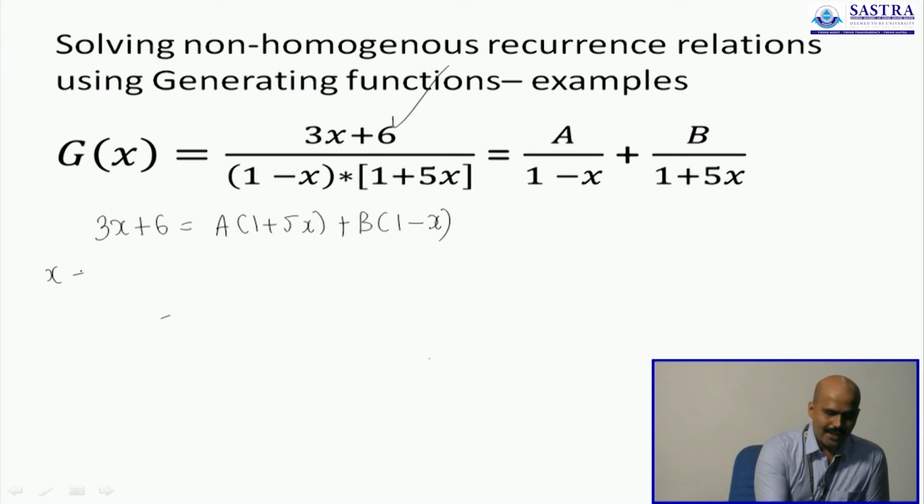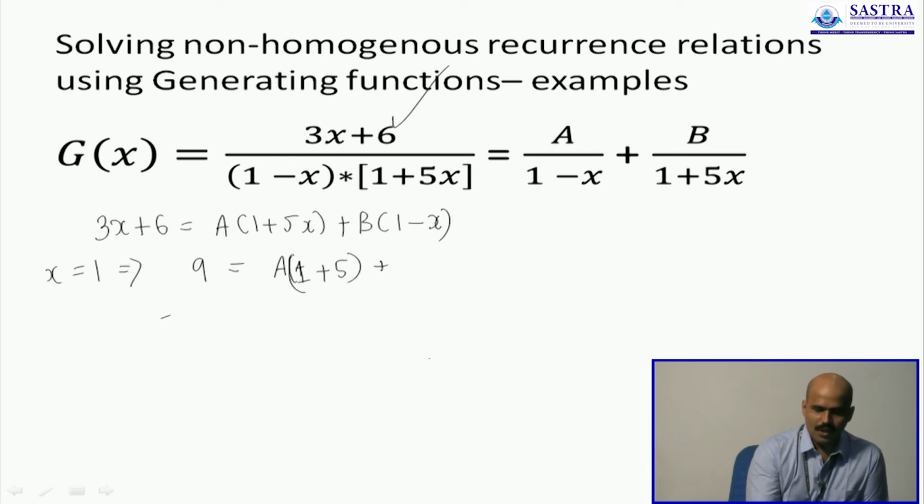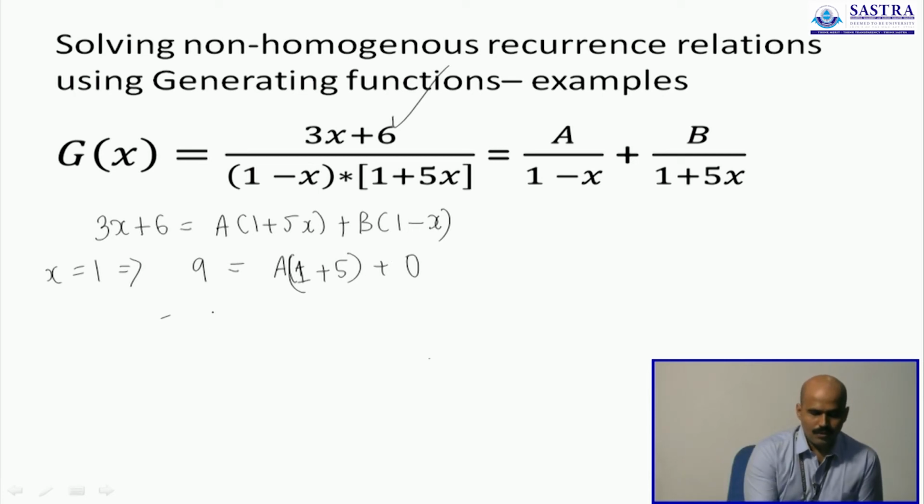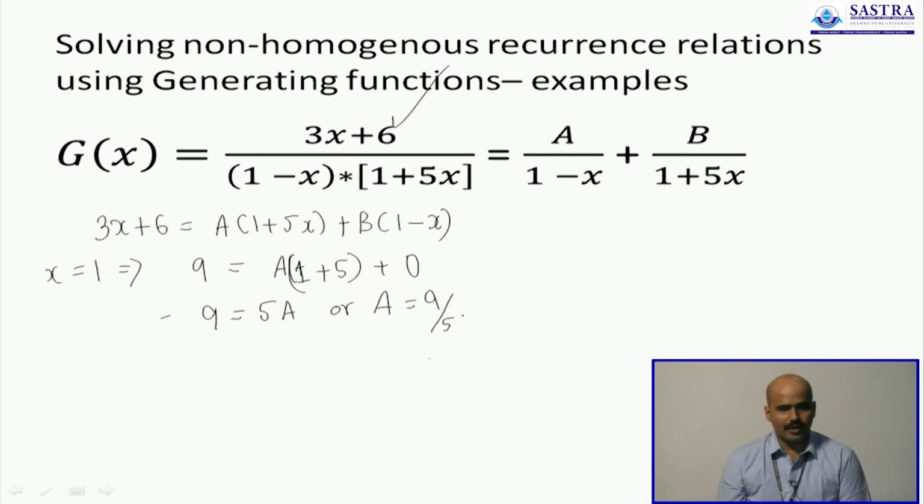I'll just use x as 1. Now if x is 1, I'll have 3 times 1 plus 6, that's 9, equaling a times 1 plus 5, because x is just 1, and b vanishes because I have b times 1 minus 1. So 9 is 6a, or a is 9 upon 5. That's the first answer we have required to find out.